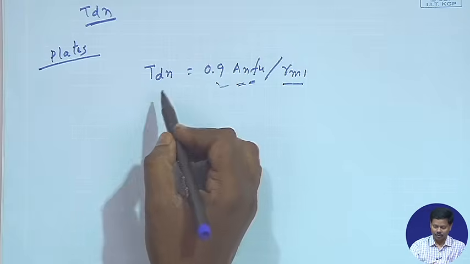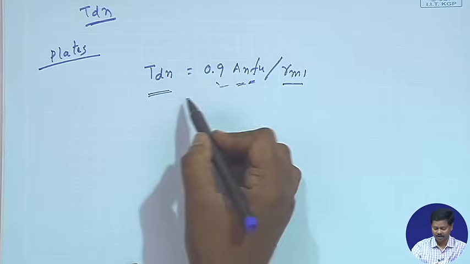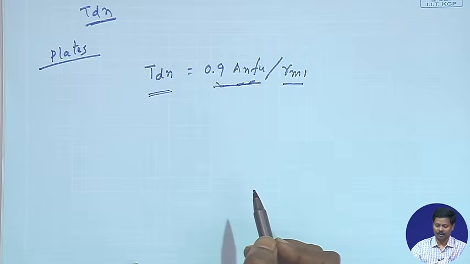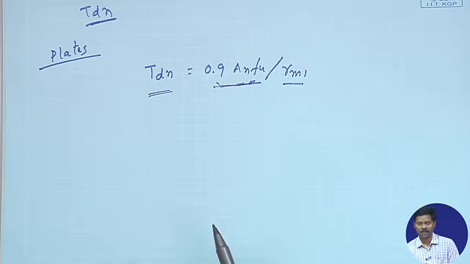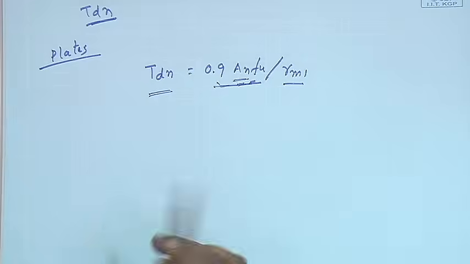This is true for a plate. In earlier lectures we have seen how to calculate the net effective area of the plate at the critical section, and this net area is required to find the rupture strength of the section.